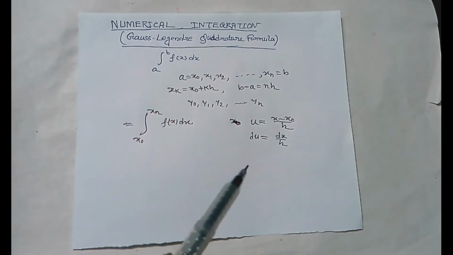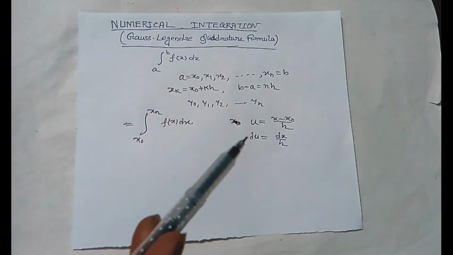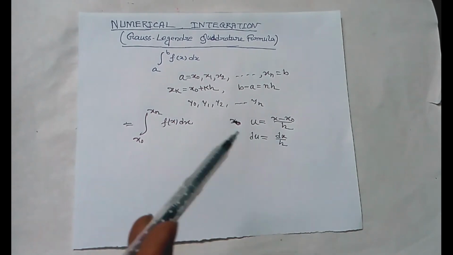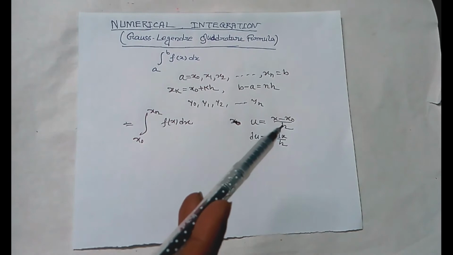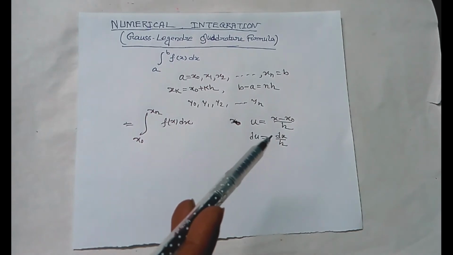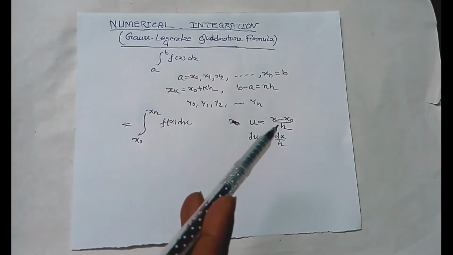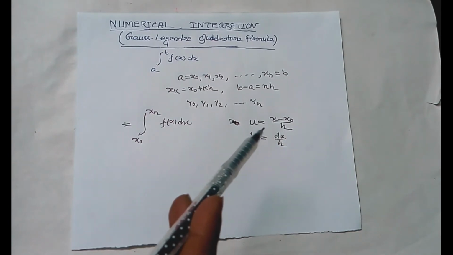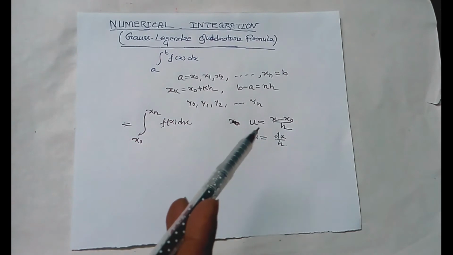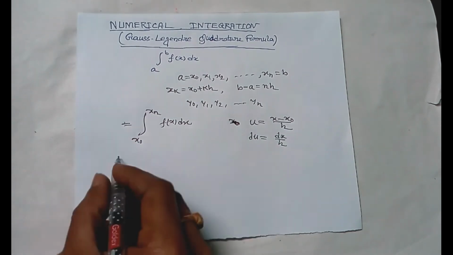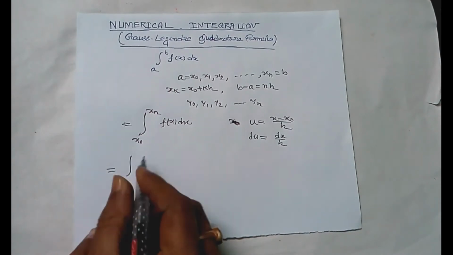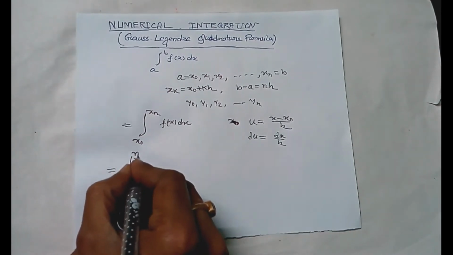If we use this transformation, then if we put x equal to x0, u becomes 0, and if we put x equal to xn, then u becomes (xn minus x0) by h, and we know that xn equals x0 plus nh, so u equals nh by h, that means u equals n. So the lower limit converts to 0 and the upper limit is n.